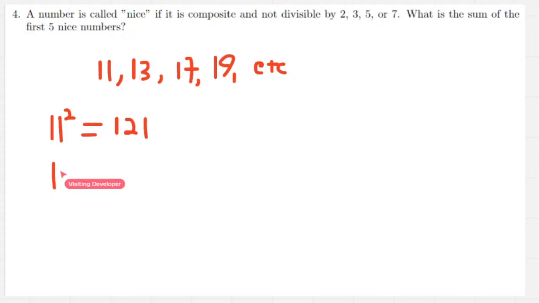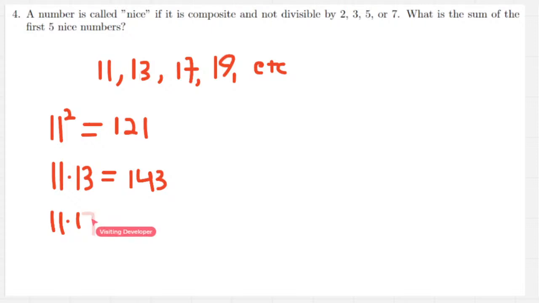And so next we have 11 times 13, or 143. And next we have 11 times 17, along with 13 times 13.